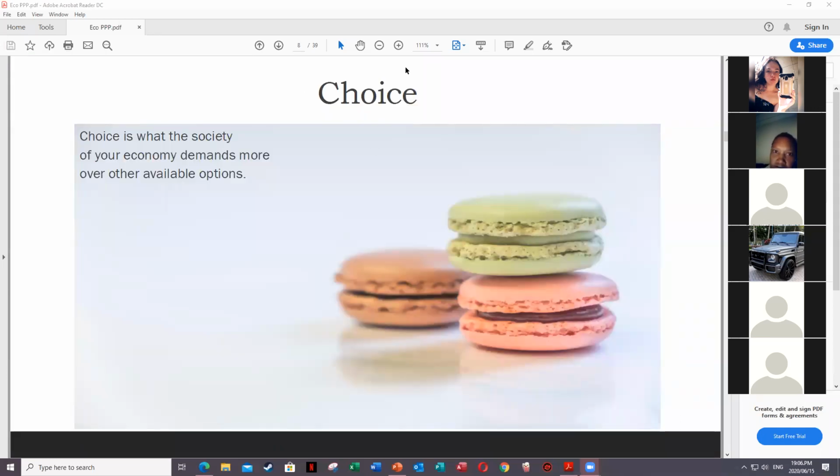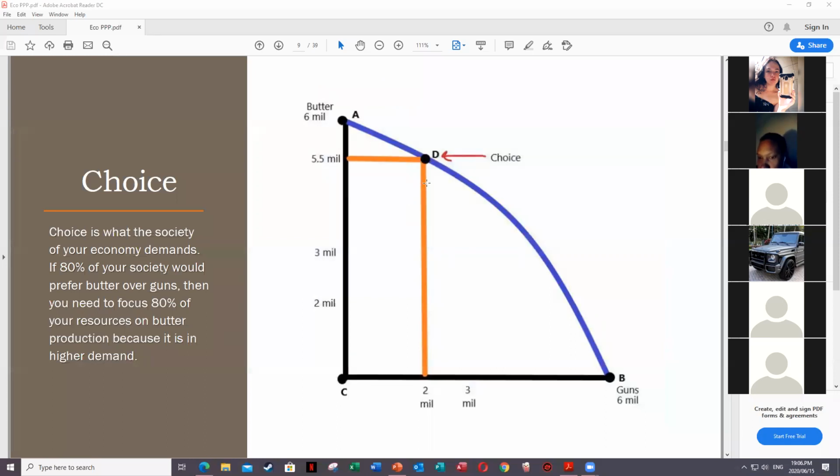Then we have choice, and choice is what your society chooses in your economy. So let's say that 80% of people would rather have butter over guns. So we need to focus 80% of our resources on producing butter.